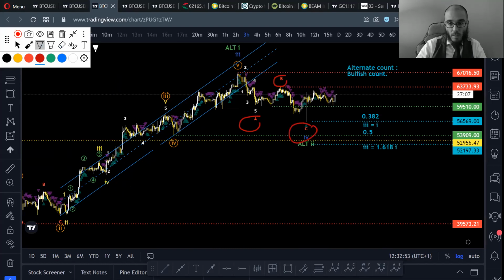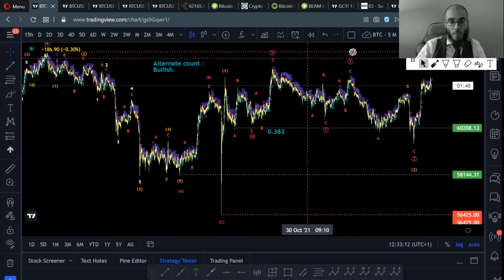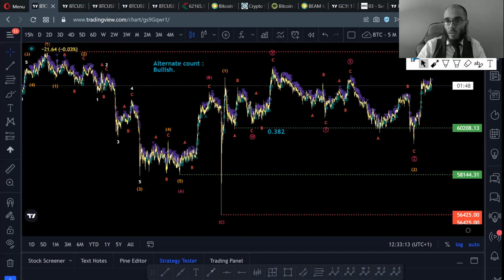I don't want to talk too much about the bullish count because I'm still focused mostly on the main bearish count. But I'll still take a look at the 5-minute chart for the bullish count.